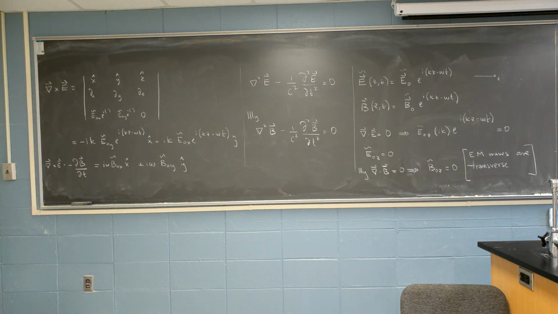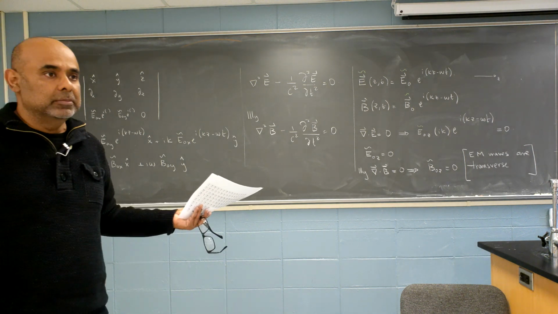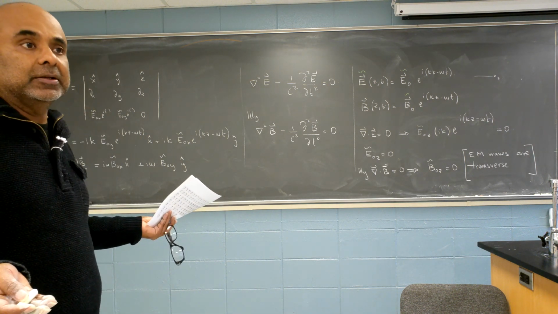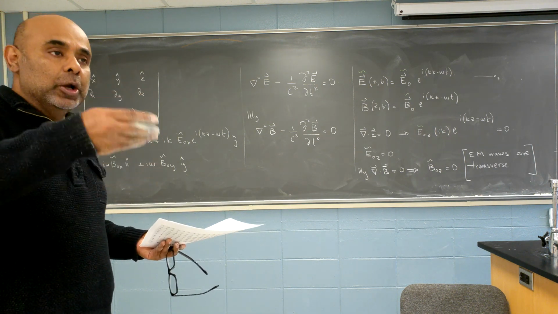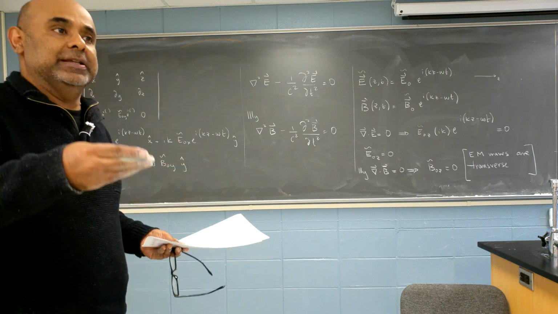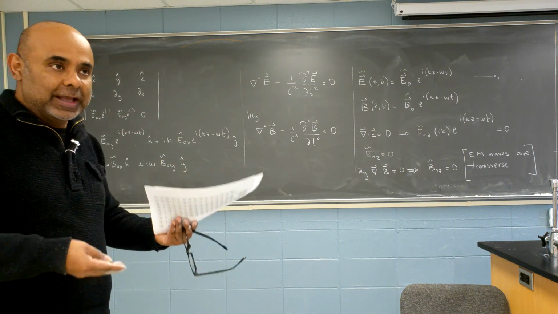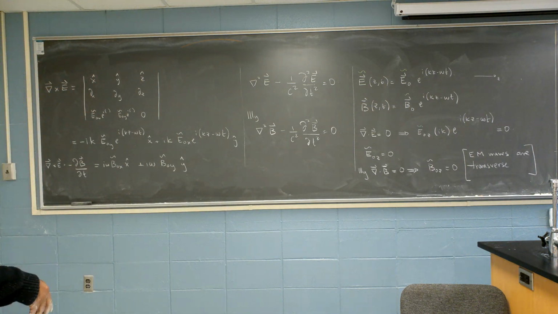Yeah? So whenever we take those derivatives, do E naught and B naught have any dependence on position? No. It's just a phase factor. It's the complex amplitude, which means it's the amplitude plus the phase. And phase is sort of like the initial angle. It's fixed. It's time independent.